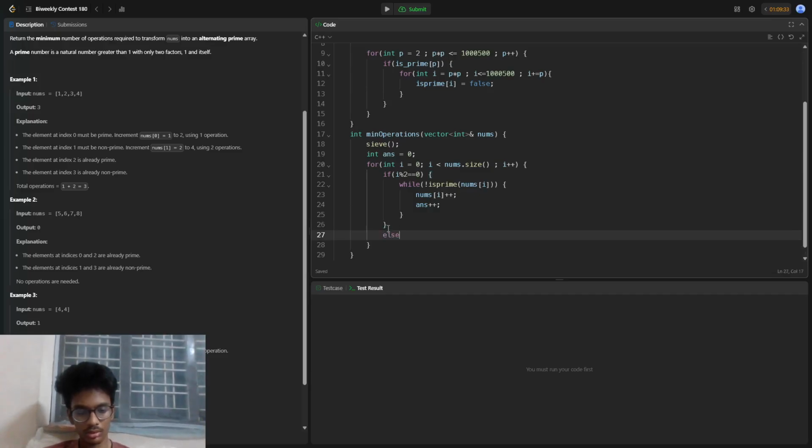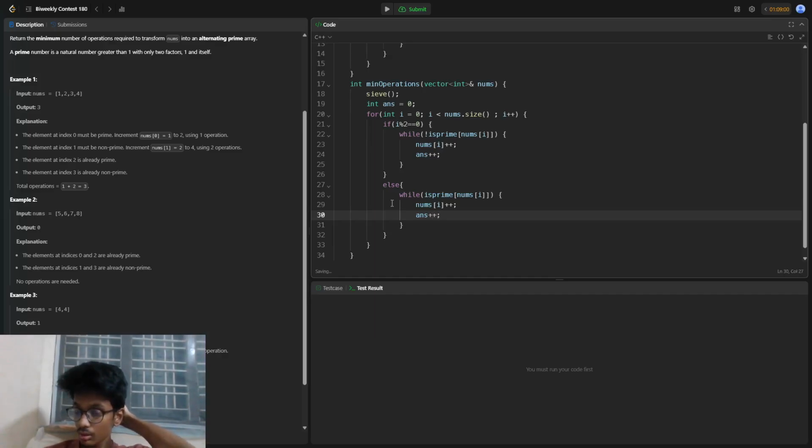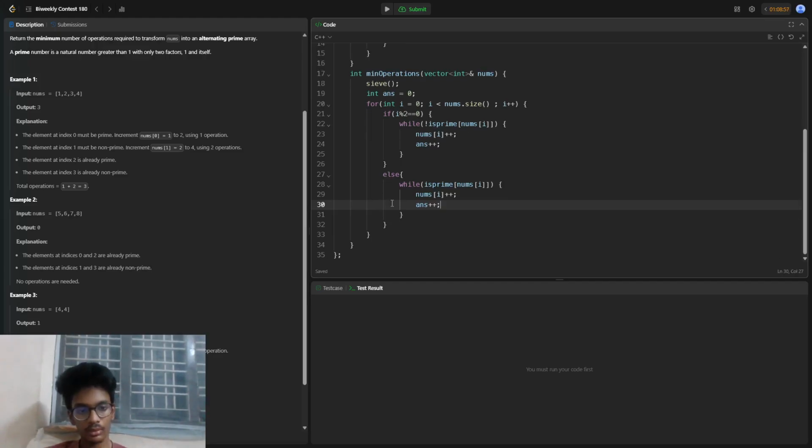Otherwise, while it is prime, nums of I plus plus, also answer plus plus. Did I just write the wrong parentheses? And at the end I need to return this answer.